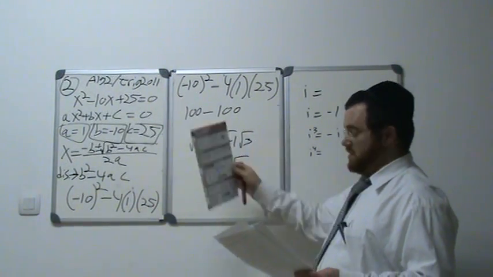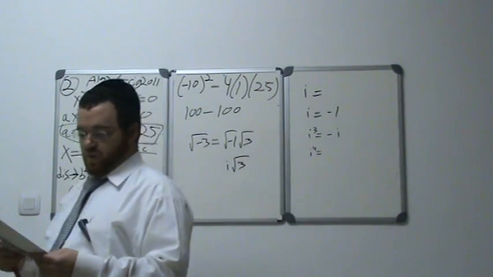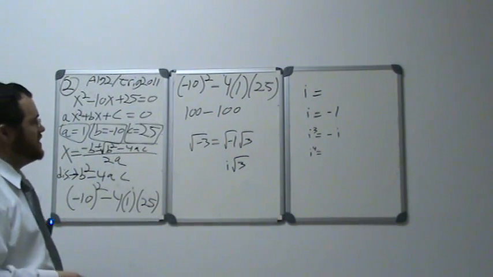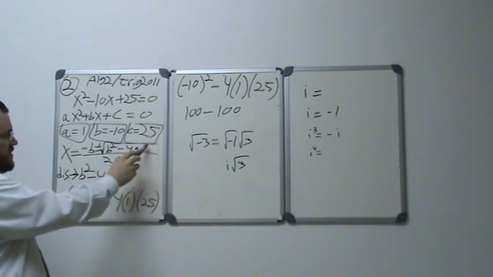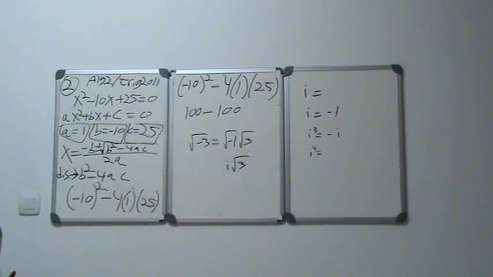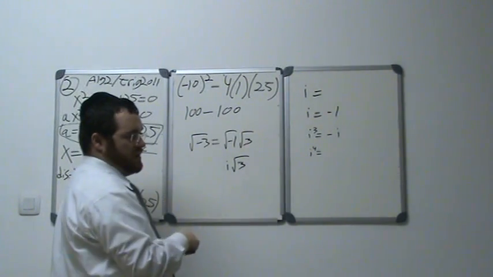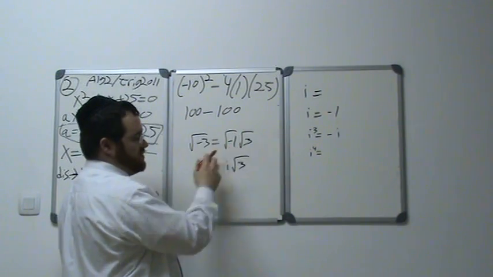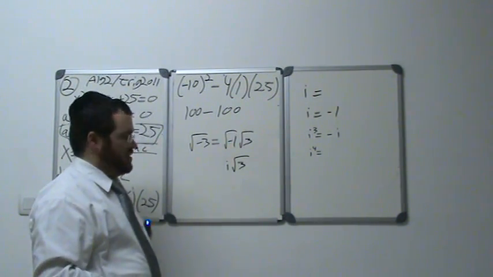Well, they are equal. Now, how can we make answer 1 correct, imaginary? Well, we can make them imaginary if what's under the square root, negative b plus or minus the square root of b squared minus 4ac, comes out to a negative. Let's say it comes out to negative 3. Then it would be the square root of negative 1 times the square root of 3, and the square root of negative 1 is i.